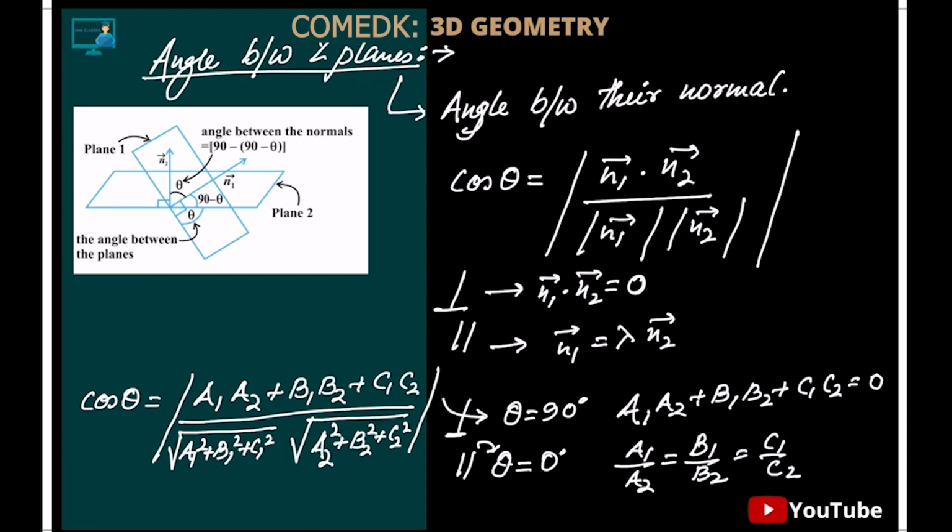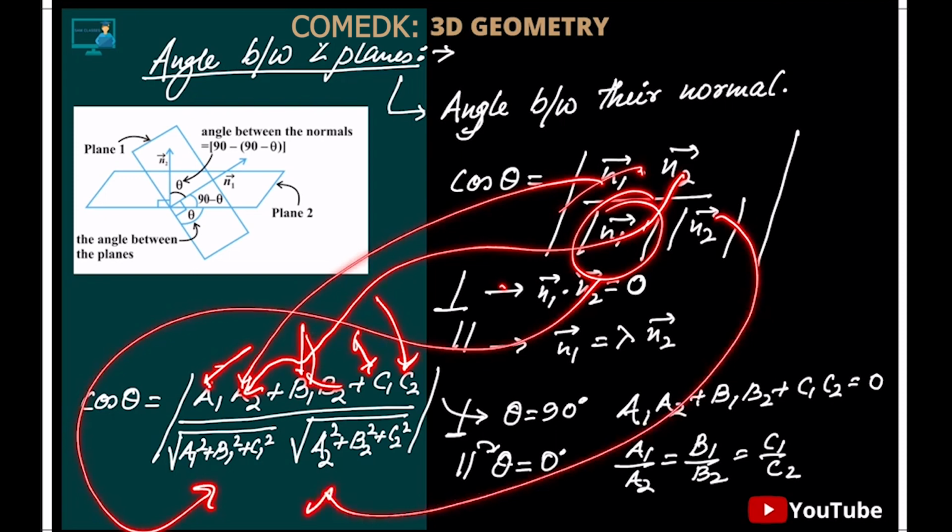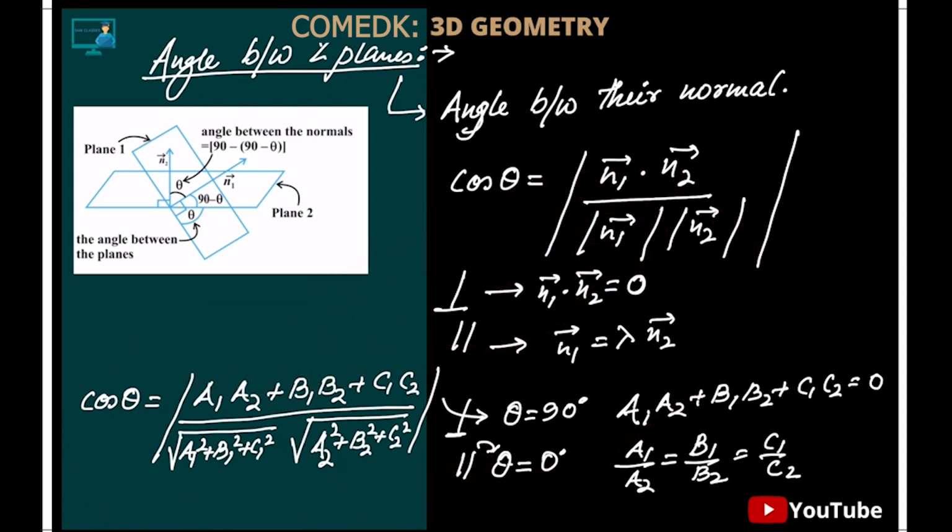This n1 I have taken is basically the direction ratios a1, b1, c1, and this n2 is basically a2, b2 and c2, and I have done a dot product here. This is the magnitude of the n1 vector, magnitude of n2. I'm not going into the derivation since we are not doing the PU part as of now. When we do the PU part, we'll do it, don't worry. I'll explain each and everything in detail.